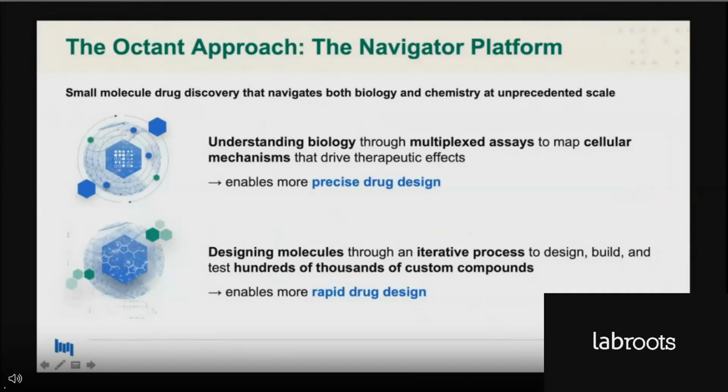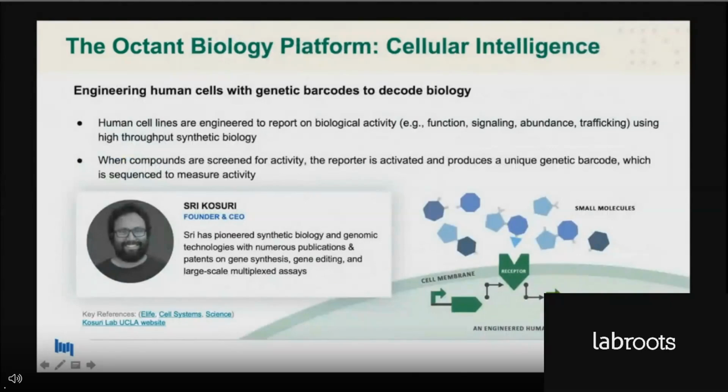We refer to our biology side as cellular intelligence. This is based a lot on technology that our founder, Sri Kasuri, has pioneered. Sri did a lot of research as a professor in synthetic biology and genomic technologies, and really pioneered multiplexed assays and technologies like synthesis and gene editing.